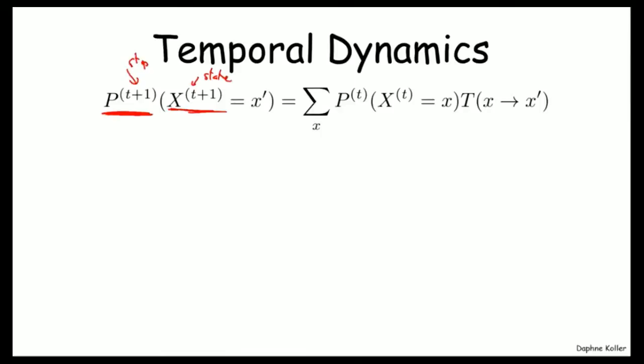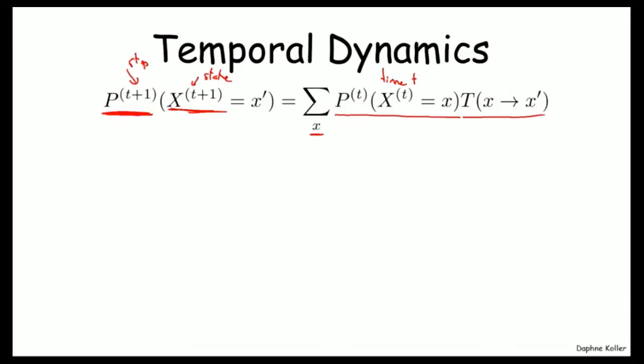So if we had previously computed the probability distribution over where the grasshopper might be at time t, we can sum up over all possible states where the grasshopper might be, and ask if it was at state x at time t, what is the probability that it ends up going to x prime.